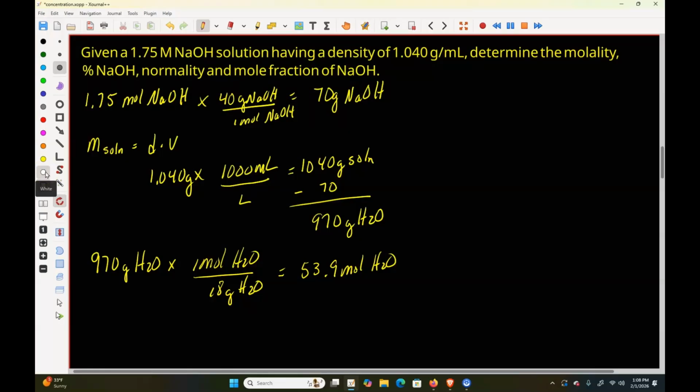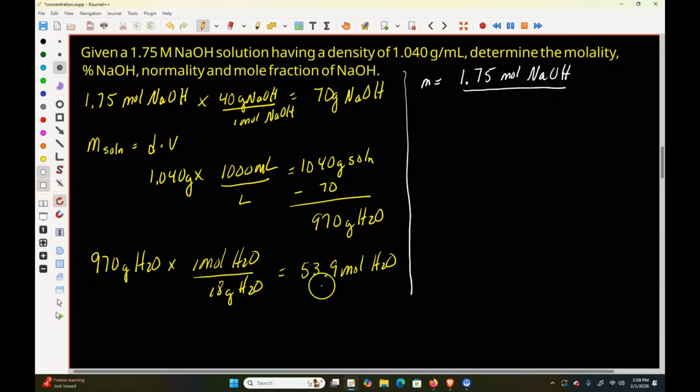Okay, so let's find our molality. So molality is going to be equal to the moles of solute over the kilograms of solvent. So I have 1.75 moles of sodium hydroxide.